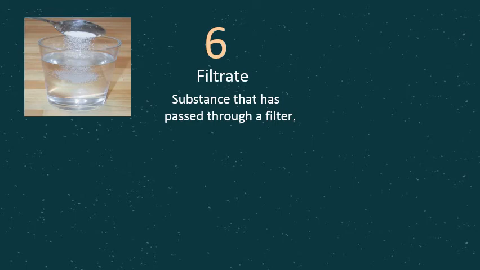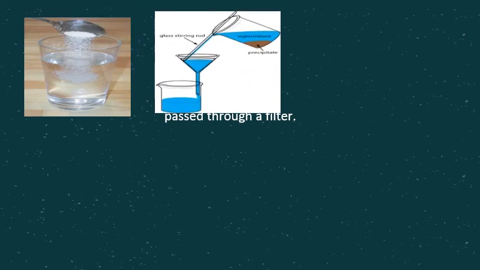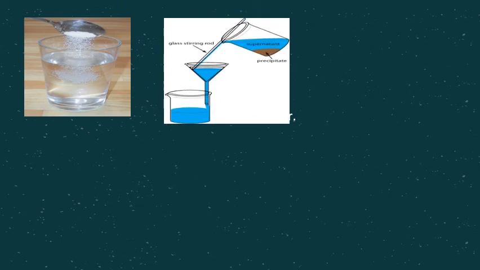Like for instance, water. So if you take seawater, for instance, you get the sand inside the water. So then we filtrate it so that the sand stays behind and only the water comes through.